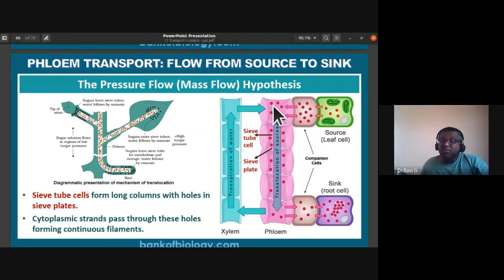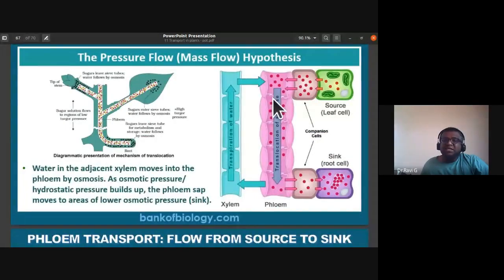The water flows from the xylem into the sieve tube, and en masse this food is carried to the region of utilization, where it is hypotonic in nature and the water potential gradient is lower. So en masse, the food is carried by the water that enters from the xylem into the sieve tube. The cytoplasmic strands form continuous strands in the phloem.